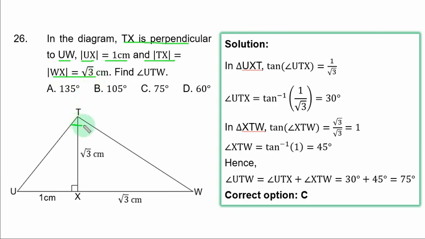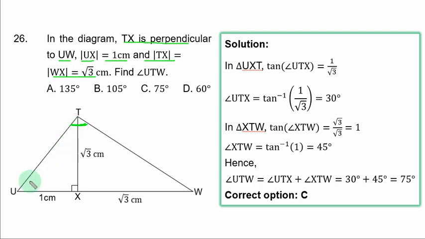That is this angle. You have two angles here. You have to look for UTS and WTS. If you add them together, you get angle UTW. In triangle UTS, you can get this angle first.